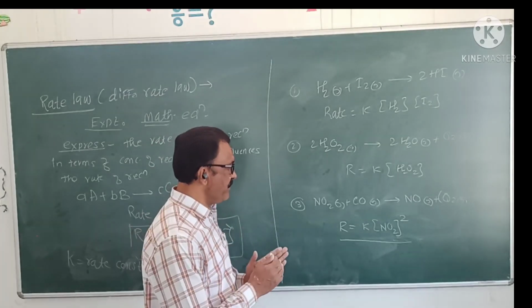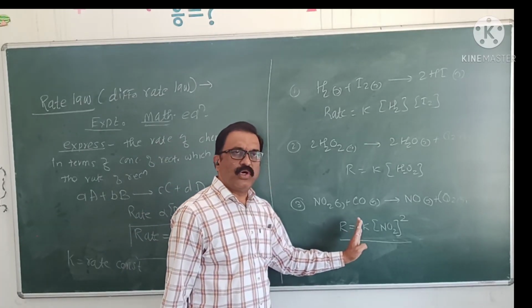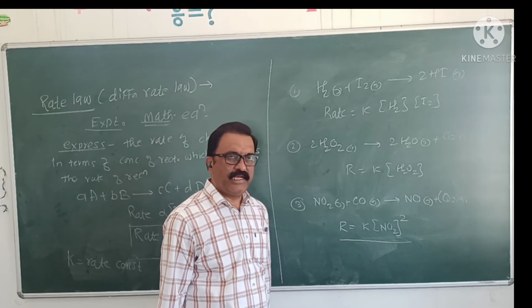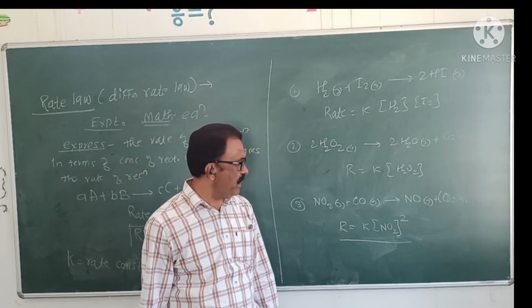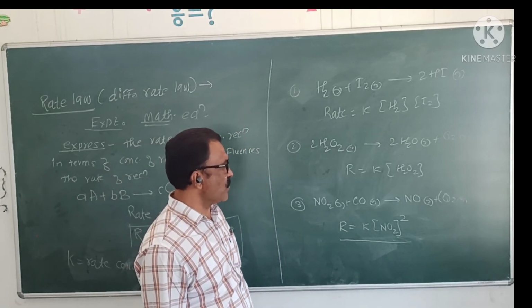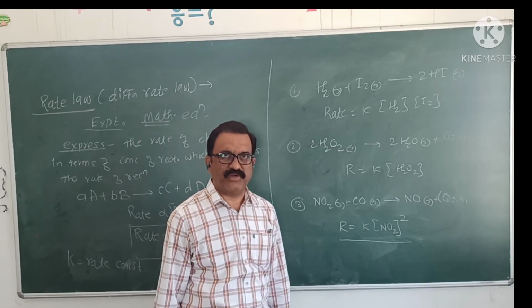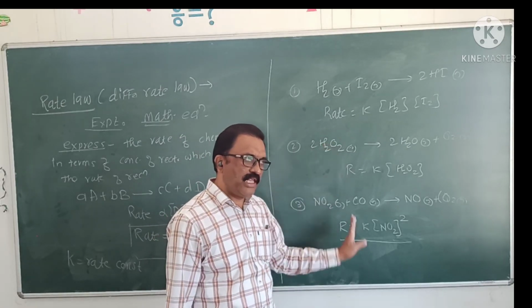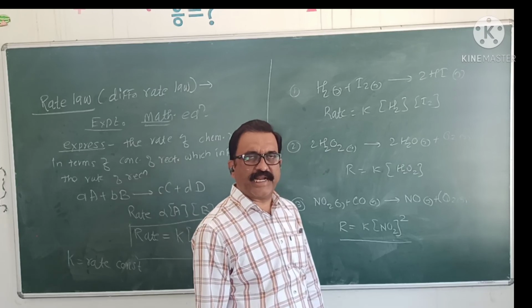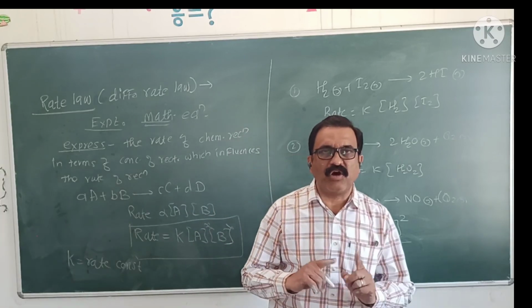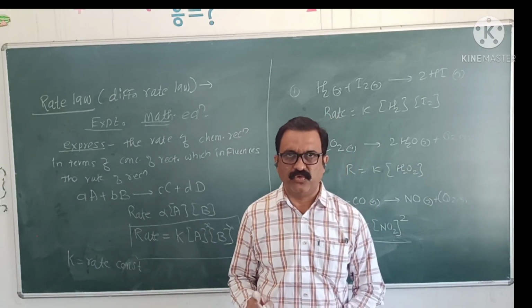The rate of this chemical reaction is equal to a rate constant multiplied by concentration of NO2 squared. Okay, these equations prove that a rate constant is independent of the concentration.